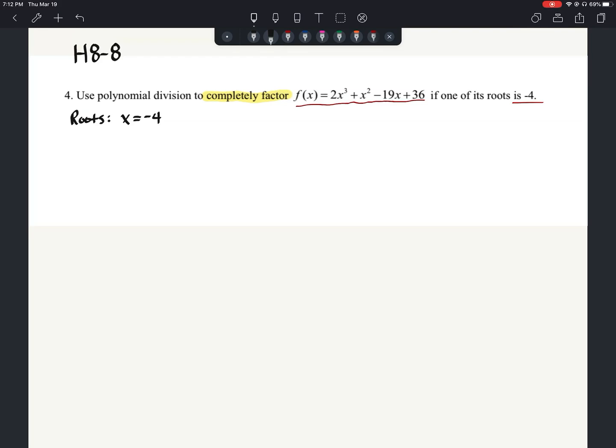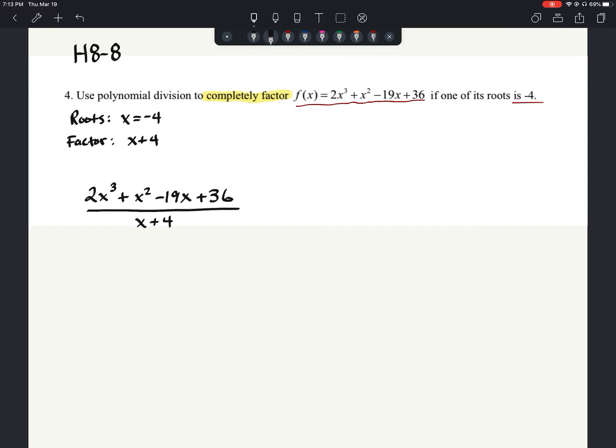And we know if x equals negative 4 is the root, then the factor that comes from it would be x plus 4. So we're going to take this 2x to the third plus x squared minus 19x plus 36 and start by dividing that by x plus 4.